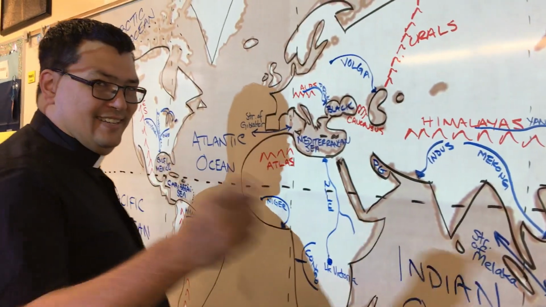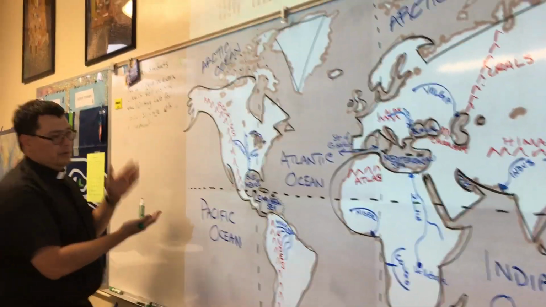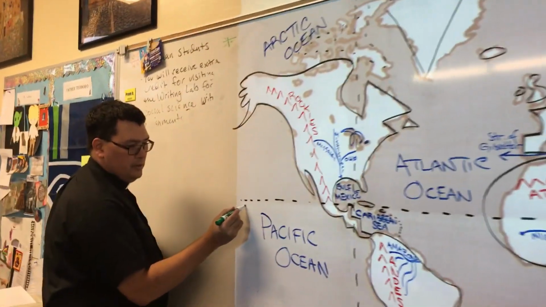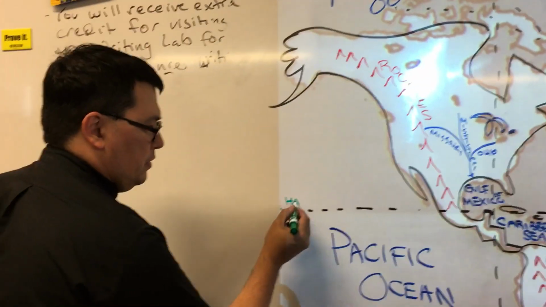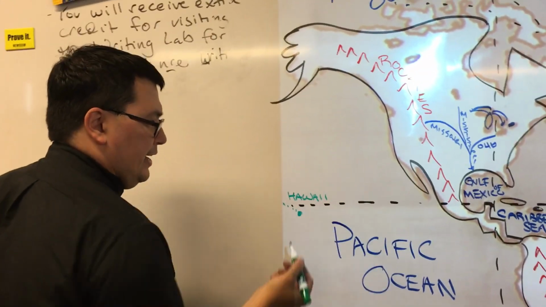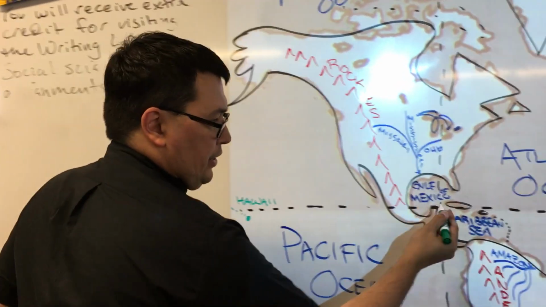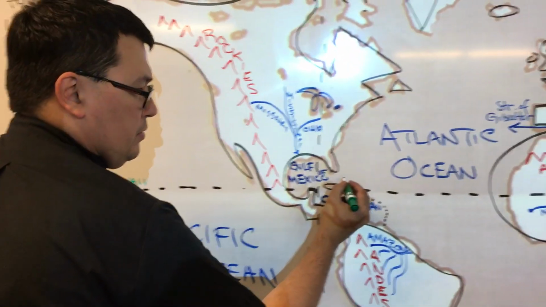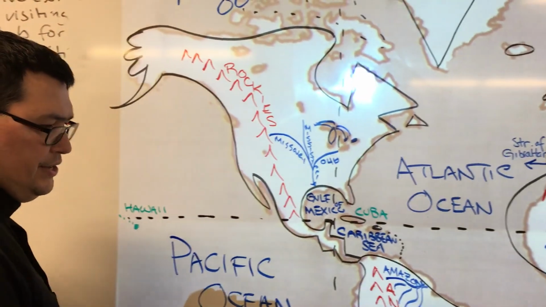But we're not done yet. Islands. So we're going to start back here in the west. Right here in the center of the Pacific is beautiful Hawaii, H-A-W-A-I-I, Hawaii. Here in the center of the Gulf of Mexico is the island of Cuba, C-U-B-A.